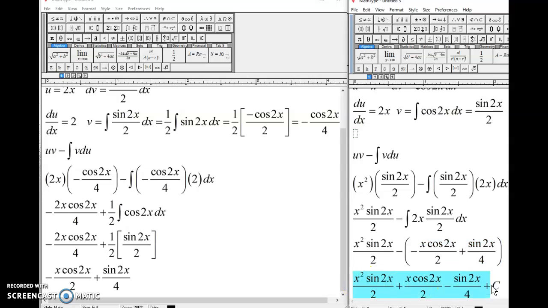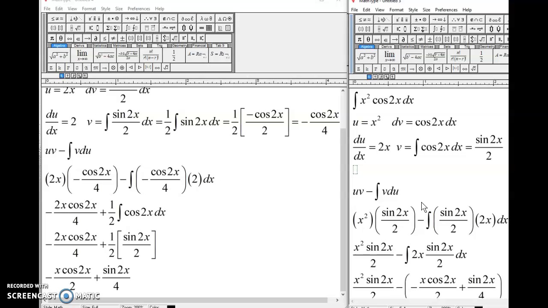And of course, don't forget C. So basically, this is what I want to emphasize: in doing integration by parts, if after you substitute you see that it still ends up with more than one function, possibly you need to conduct another integration by parts inside it, like this. Okay, so that is on integration by parts. Thank you.